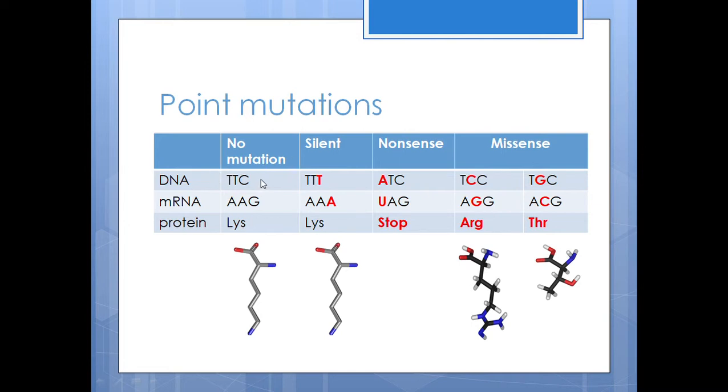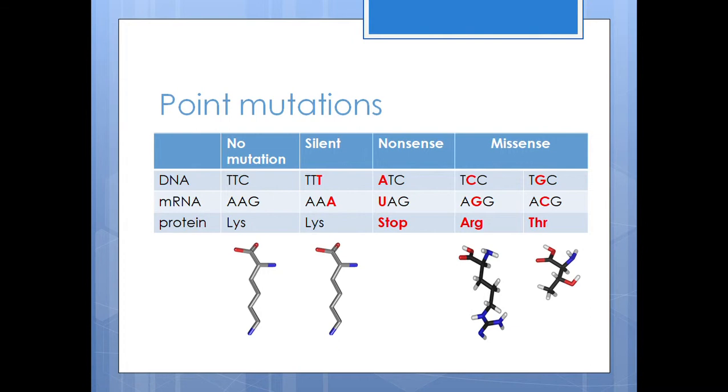This is the original sequence of DNA in the gene. If the codon is TTC, it should be transcribed into the codon AAG in mRNA, and if it happens, what is a normal situation, then it encodes for the amino acid lysine in the protein. Lysine has its particular shape and functions.